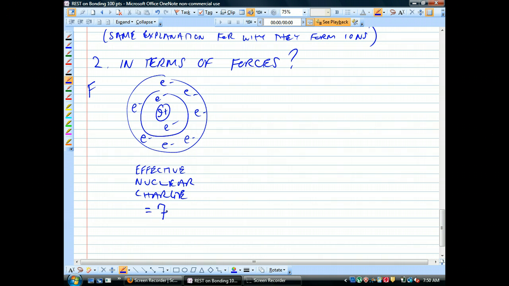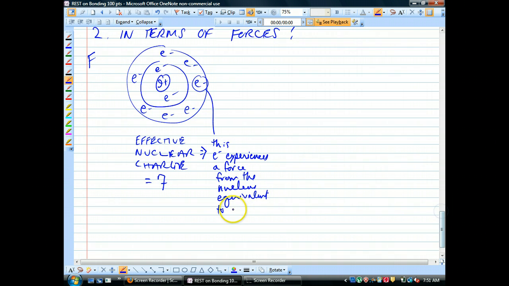That tells us about the force acting on these electrons right here. In other words, this electron experiences a force from the nucleus equivalent to a nucleus with a +7 charge.